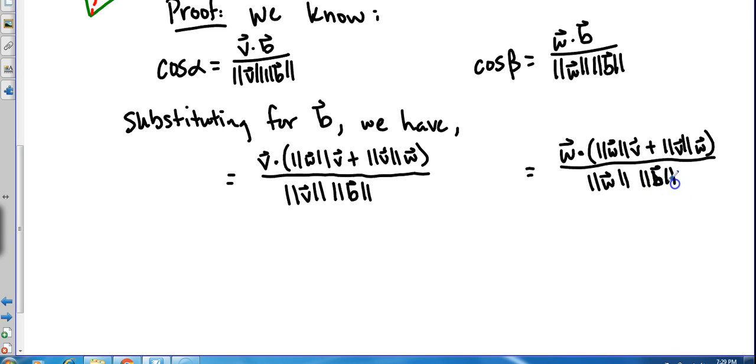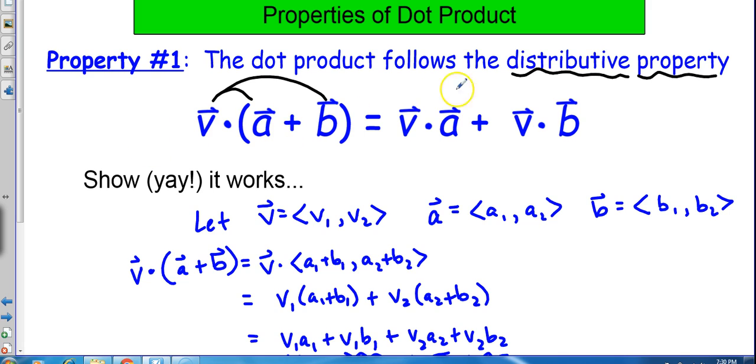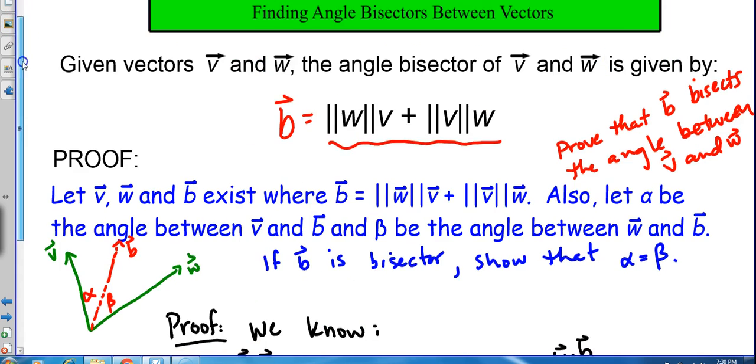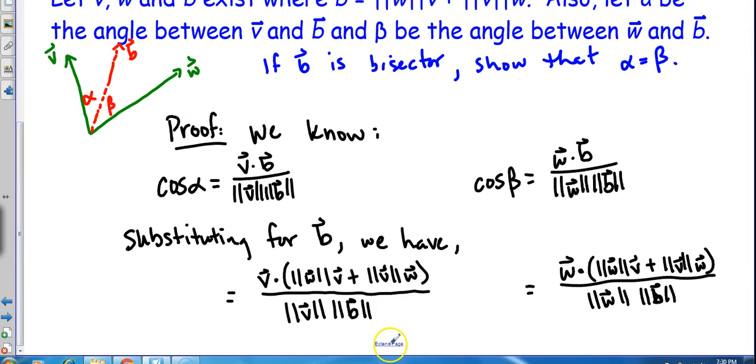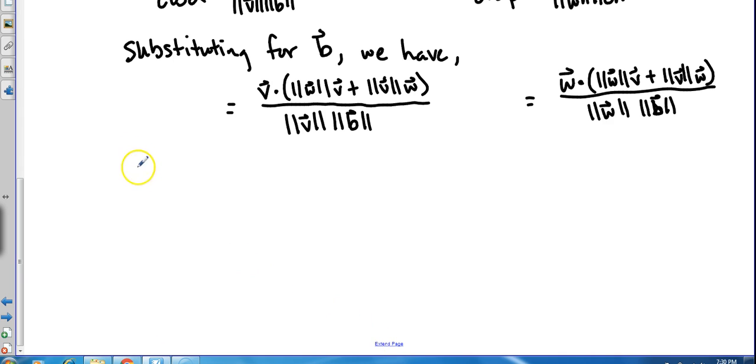Okay, the right side here is again distribute. So we've got w dot magnitude of w times v plus w dotted with magnitude of v times w. That's all over the magnitude of w times the magnitude of b.